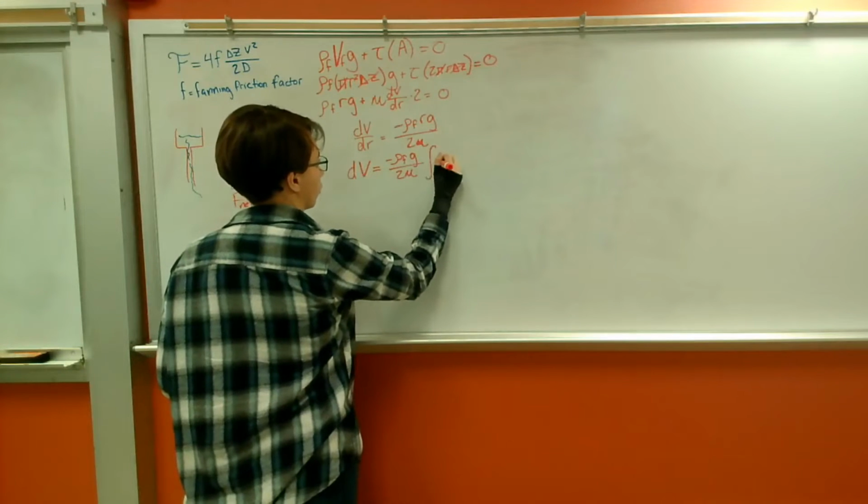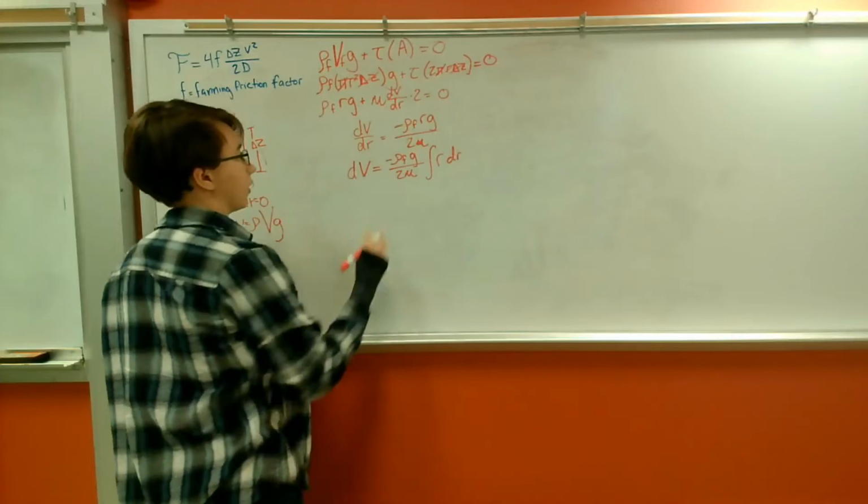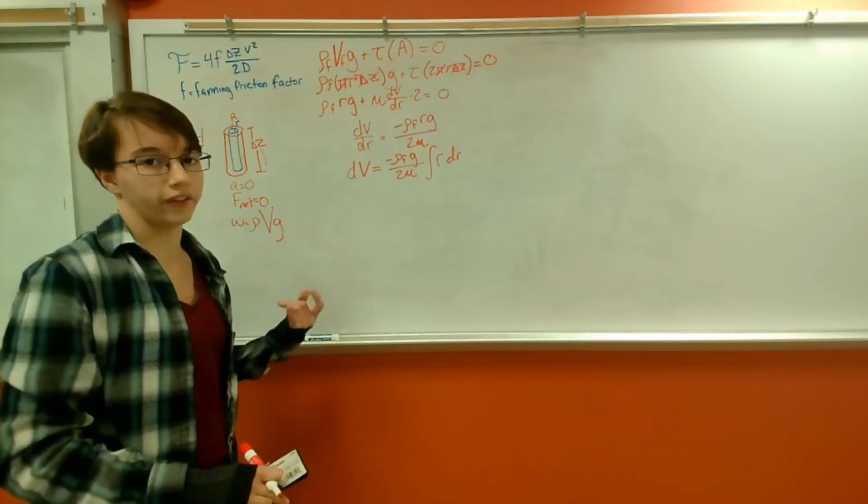And then it's going to be integral of r dr. So multiply that over to the other side, and then we're going to do this by constant of integration.